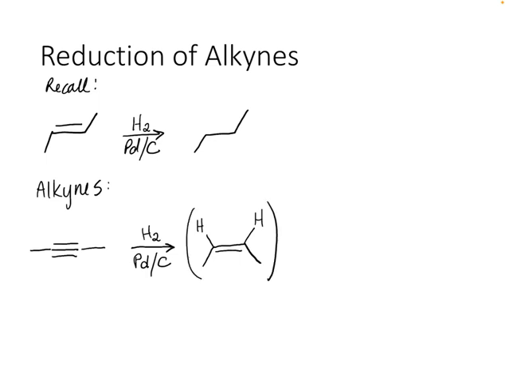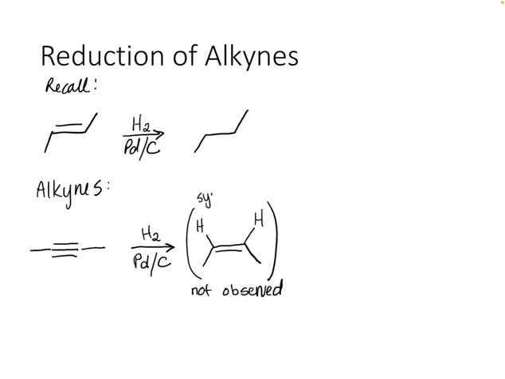Now, in reality, we actually don't see this intermediate because there's no good way to add just one equivalent of hydrogen. We would actually have an excess of hydrogen present. So we can't stop at the alkene in this case. So this intermediate is actually not observed.